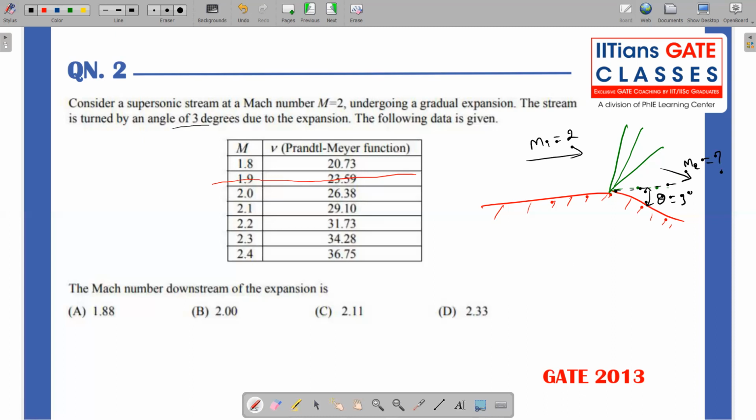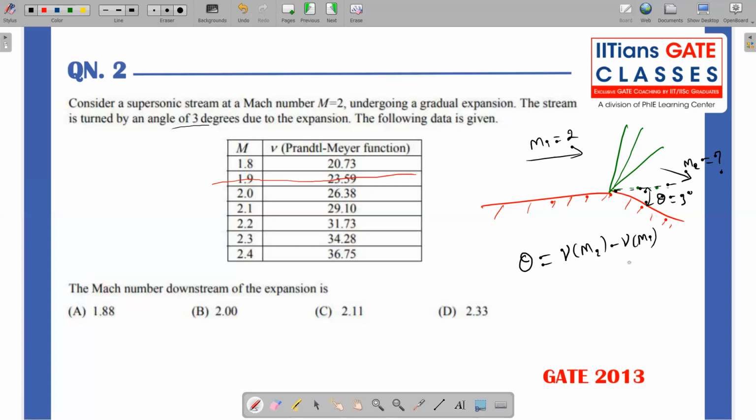So how are we going to approach this problem? Again, the idea is similar. First we will try to get whatever is known to us from the given information. Theta is given by mu of M2 minus mu of M1.